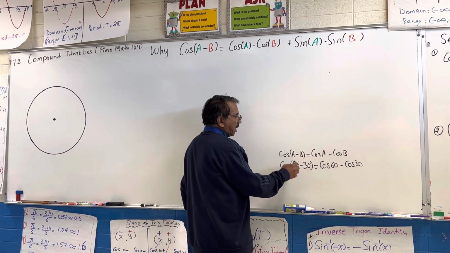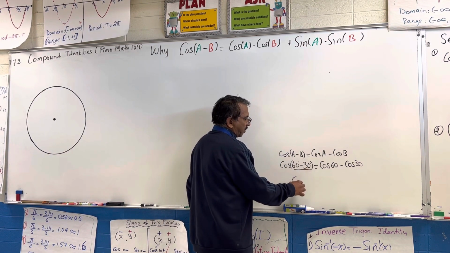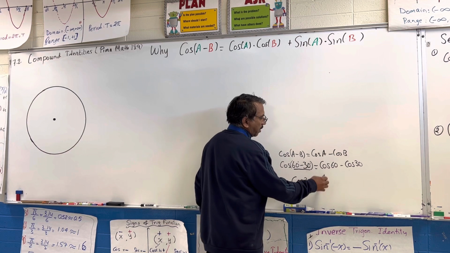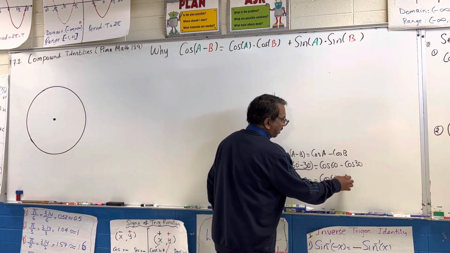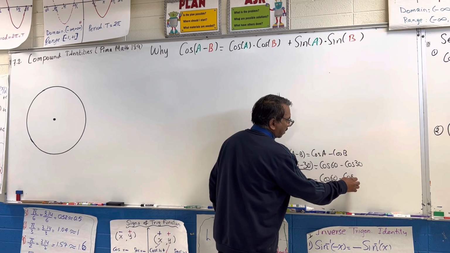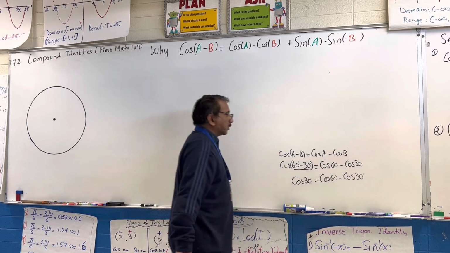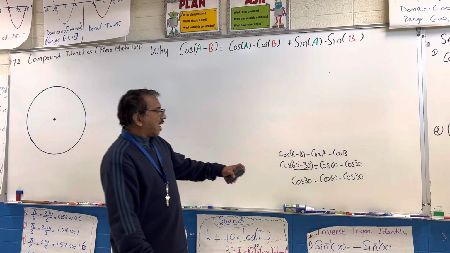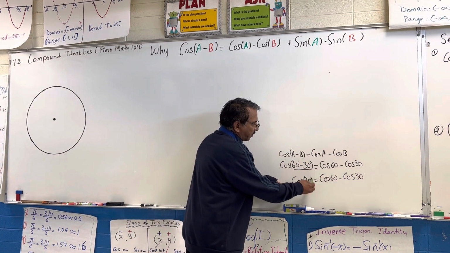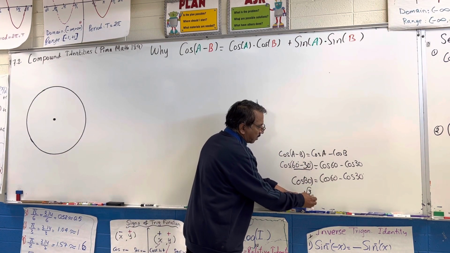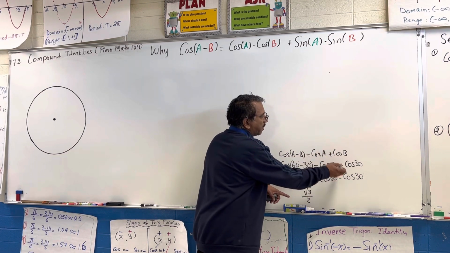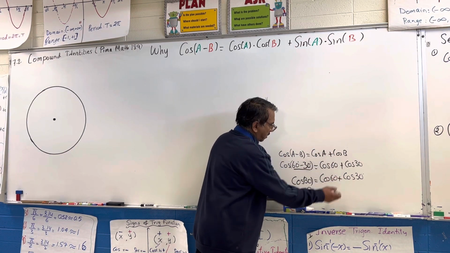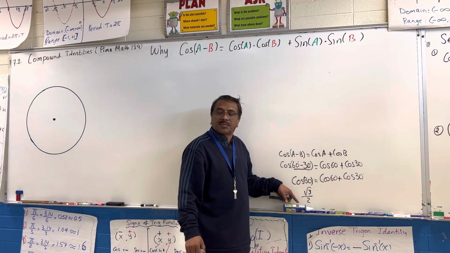But we do know the left side: if I subtract, it becomes cosine 30, right? Now the right side is cosine 60 minus cosine 30. How much is cosine 30 from the chart, if you remember? Root 3 over 2, right?